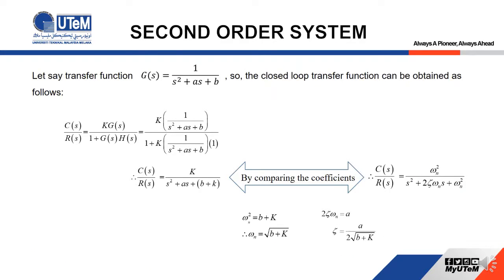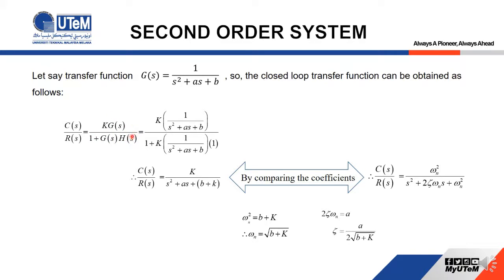Let's say we have a transfer function G(s) equal to 1 over s squared plus as plus b, with gain k. The closed loop transfer function can be obtained as follows. We use the same feedback formula, where C(s) over R(s) equals k G(s) over 1 plus G(s) H(s).